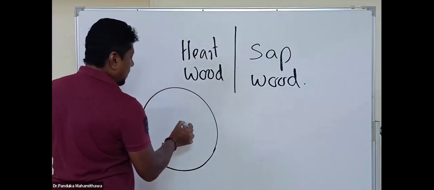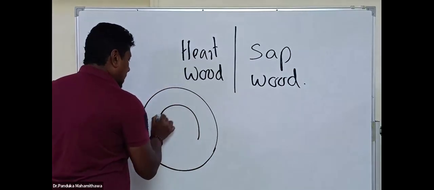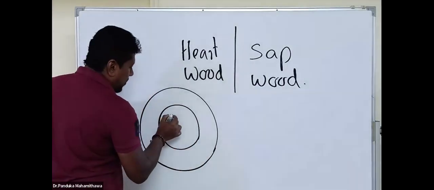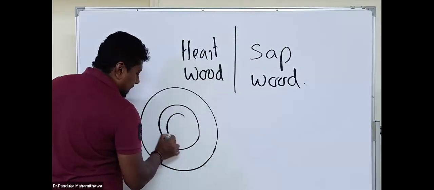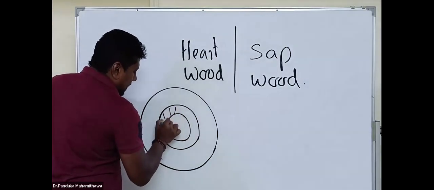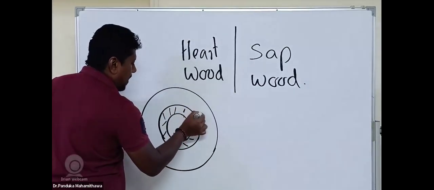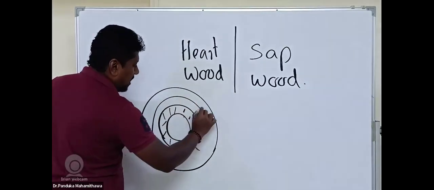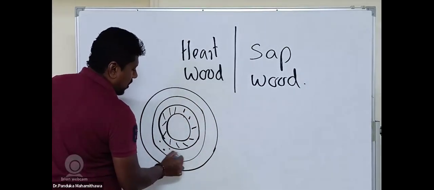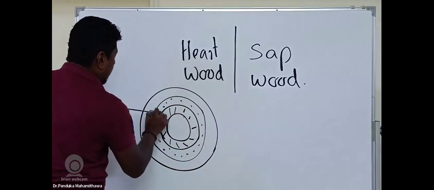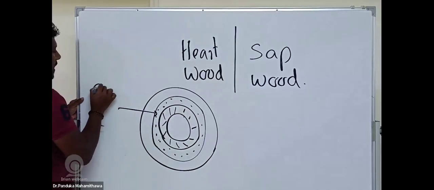In the secondary growth, you have the cambium, and from the cambium to the inside, you produce the secondary xylem. This is the cambium, and to the outside, you produce the secondary phloem.